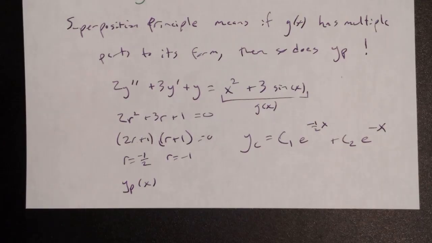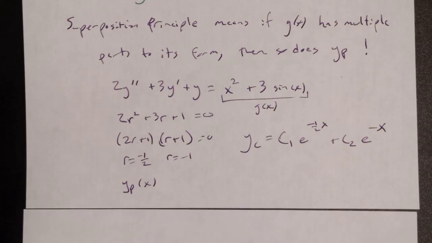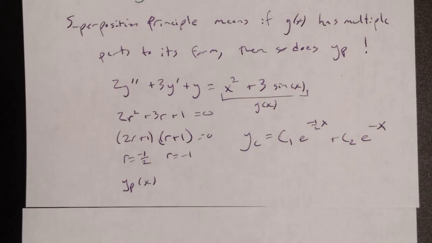I've got a quadratic polynomial. I've got an x squared. But what happens when you take derivatives of x squareds? I get something with an x. When I take the derivative of that, I get a constant, right? So as far as I can tell, for the x squared part, its yp should be a quadratic.